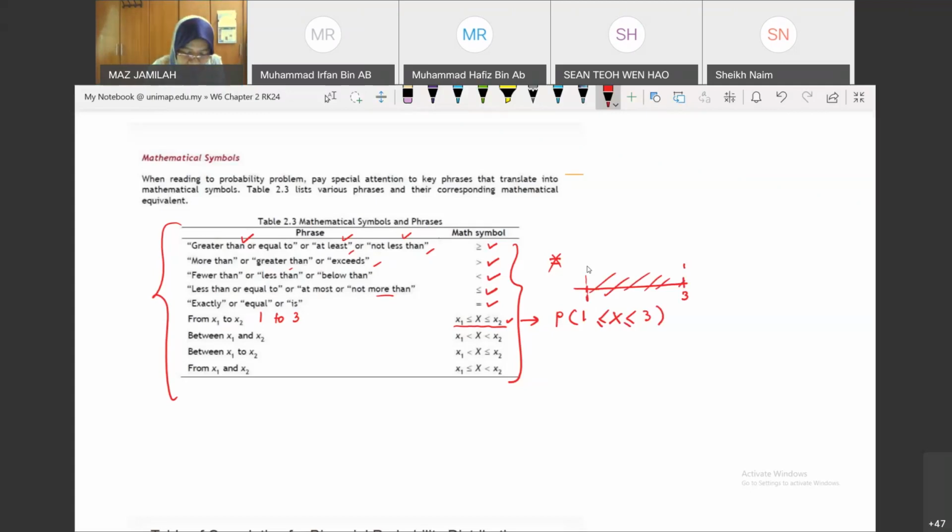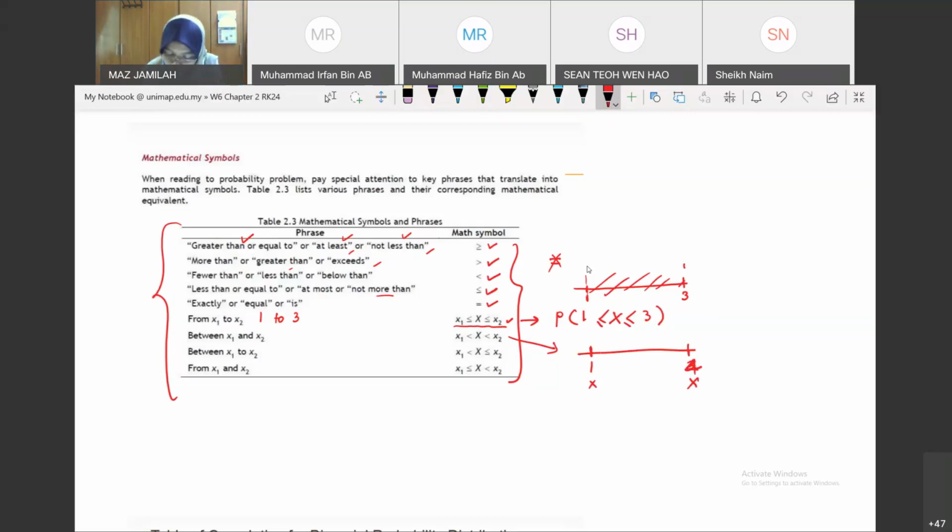Now, between x1 and x2: if let's say x1 and x2 are also 1 and 3, it means between 1 and 3, but 1 is not included and 3 is not included. Let's say in this example the upper value is 4, since 3 is too small an interval.